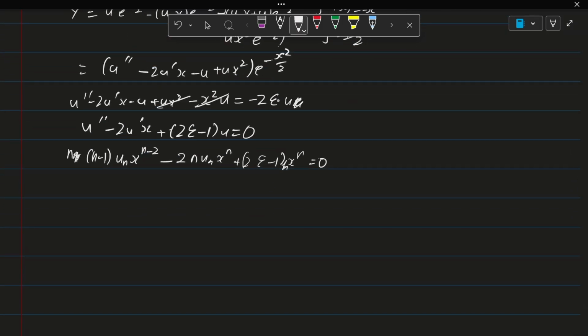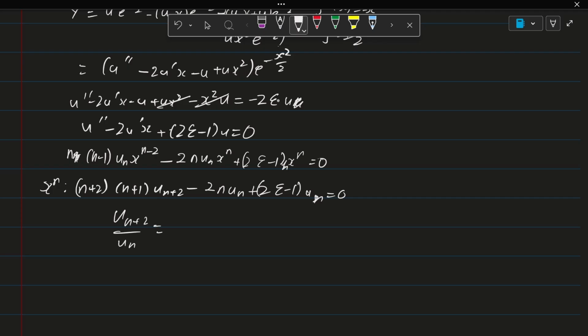We see that if you just check for the coefficients of x to the power of n, you would get n plus 2 and n plus 1 of un plus 2 minus 2n of un plus 2 epsilon minus 1 of un, which means that you could get the ratio now over un. The bottom side will be n plus 2 and n plus 1, and the top side would become 2n minus 2 epsilon plus 1. And this is the ratio.